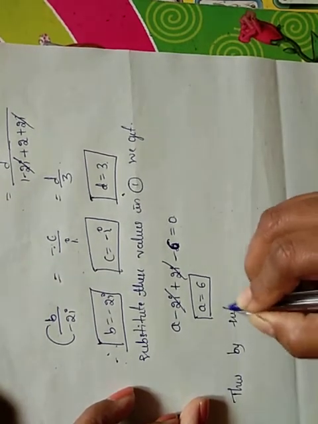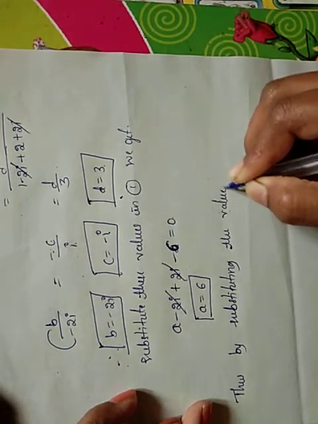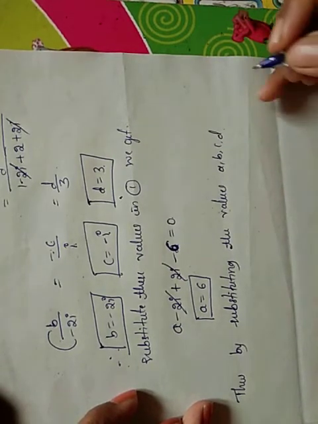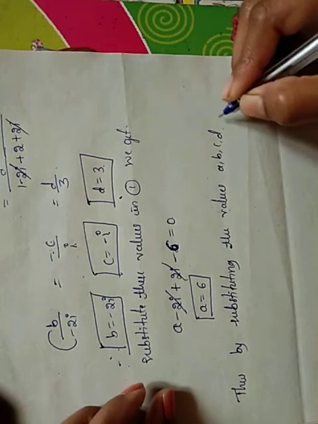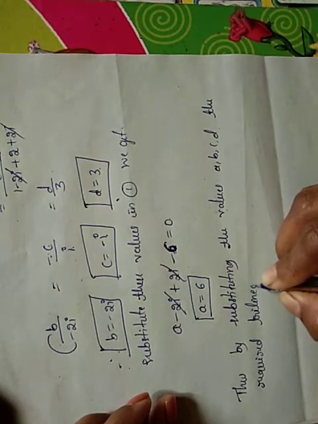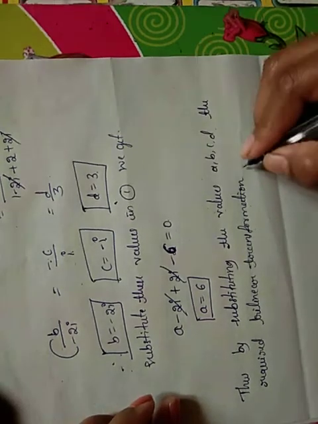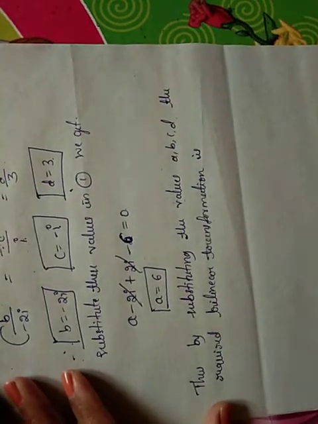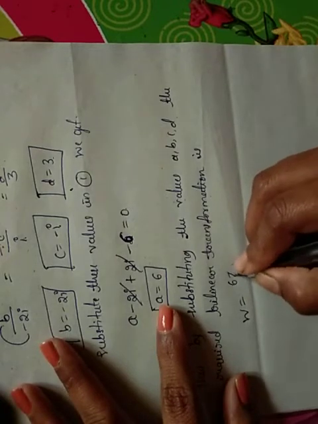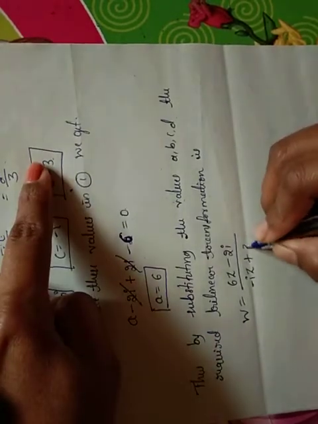Thus, by substituting the values A, B, C, D, the required bilinear transformation is W equal to AZ plus B divided by CZ plus D. 6Z minus 2i divided by minus iZ plus 3 is the required bilinear transformation.